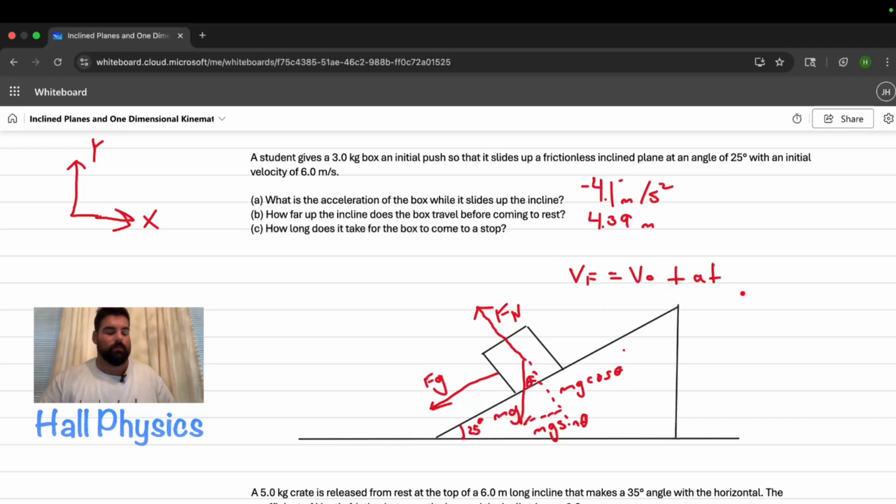So we know our final velocity is 0 when it comes to a stop. So 0 equals, and we already know our initial velocity is 6 because that's given in the problem, plus negative 4.1. So we derive that from part A, times time.